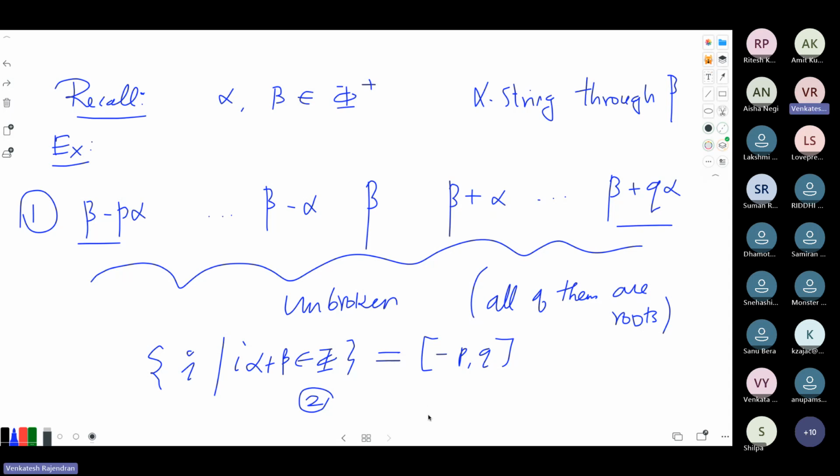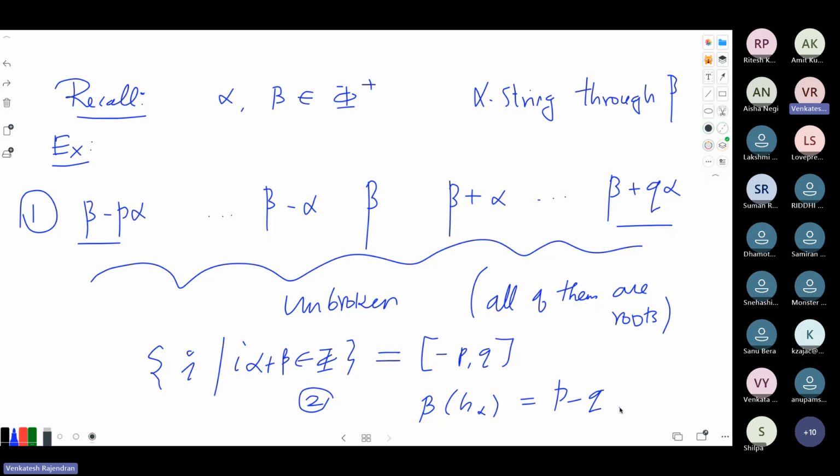The relation says beta of h_alpha is exactly p minus q. This is something you can prove using SL2 theory. You can either go through the structure theory and prove this, coming from semisimple algebras using SL2 theory, not a problem.